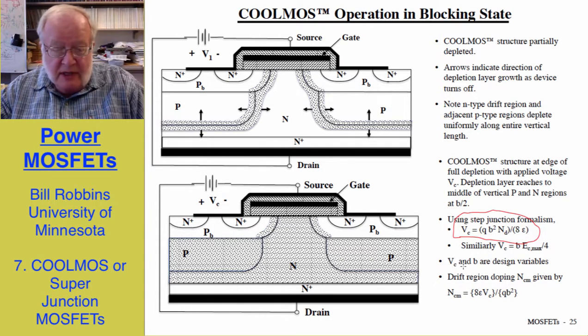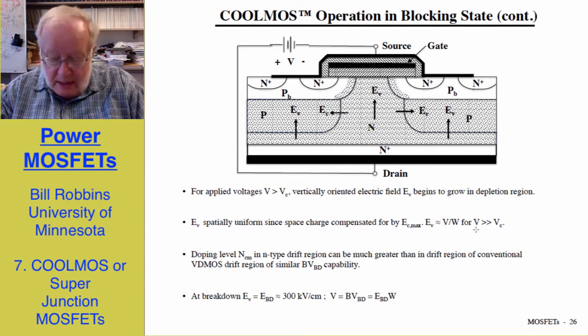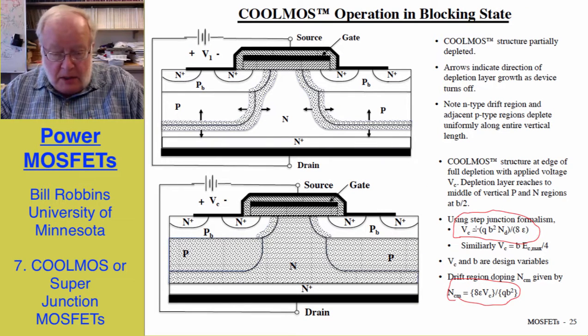V sub C and B are design variables, and we can show that the drift region doping, which I'm calling N sub Cm for N common mode, is given by the formula down here at the bottom, and we can adjust that depending on the desired V sub C and B.